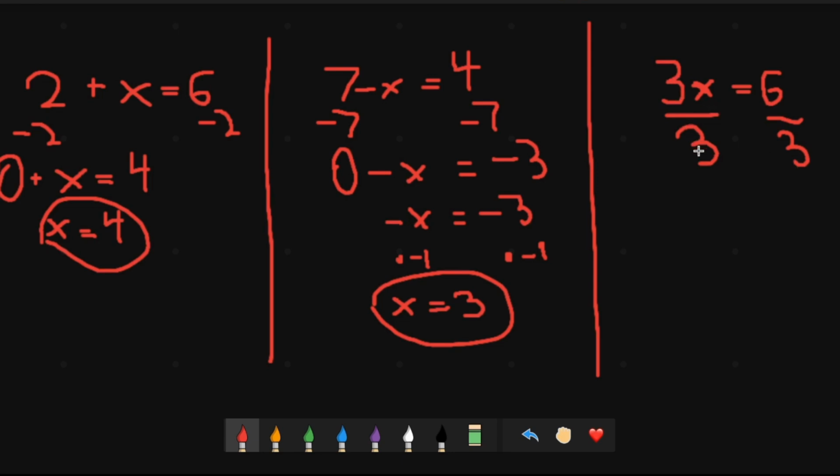So 3 divided by 3 is 1, which means we can write that 1 times x equals 6 divided by 3, which is 2. Now, since anything that is multiplied by 1 is itself, we can write that x equals 2, and this will be our final answer for this equation.